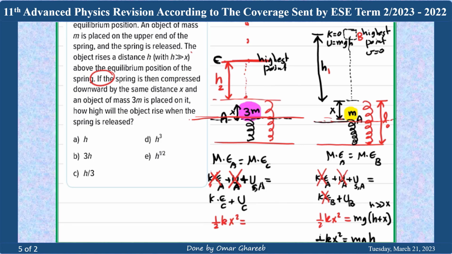This would be equal to the kinetic energy at C, which is 0 since it is the highest point. Now the gravitational potential energy at C is the mass, I make a capital letter M here, g times (h2 plus x).